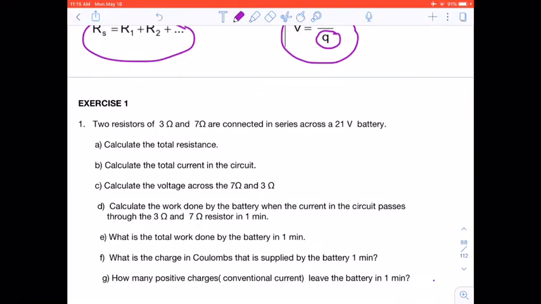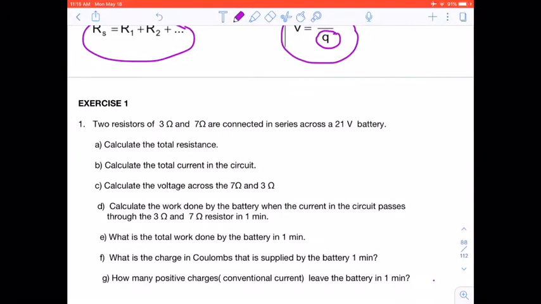The reason for doing that is I just want you to have a sense of how the currents are related in the respective circuits, how the voltages are related in the respective circuits, how much work is being done by the battery in the respective circuits.